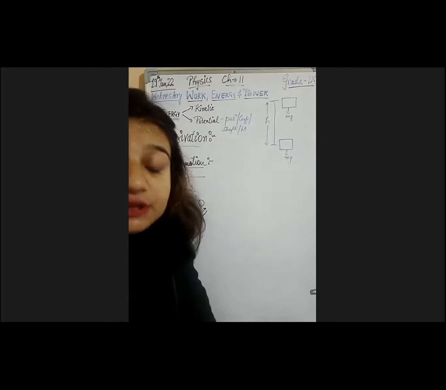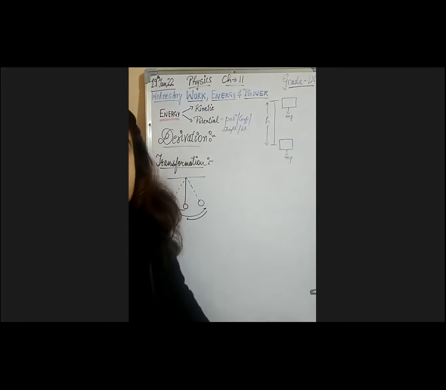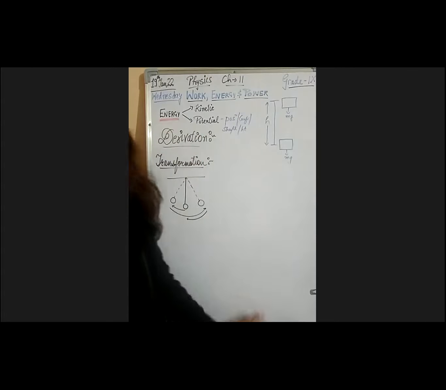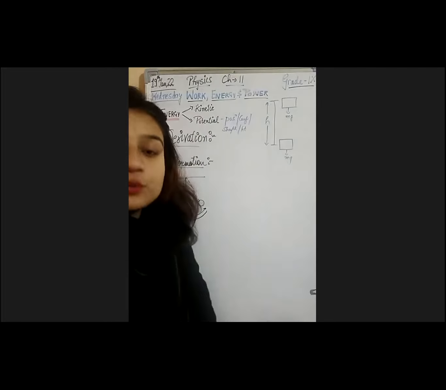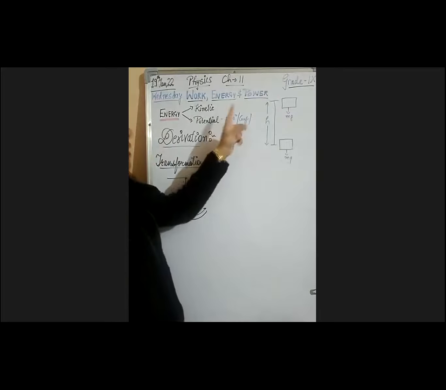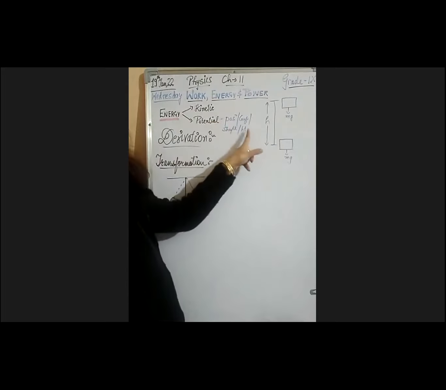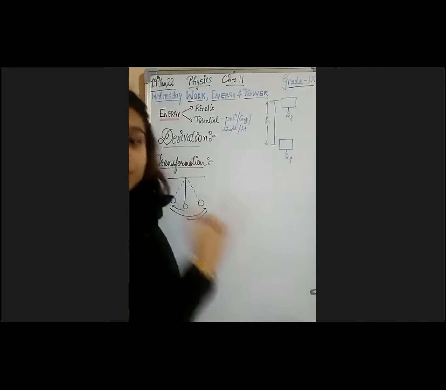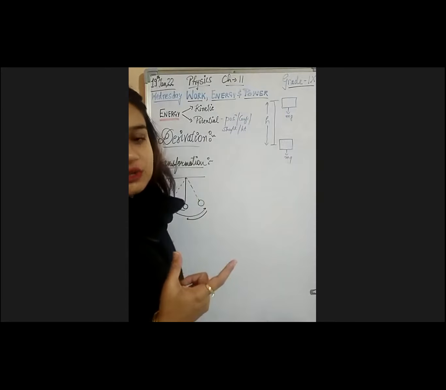That position is basically related to the energy that will be called potential energy. So potential energy is the energy that is possessed by virtue of position, configuration, shape, and height of the object. In the virtual session today I will show the difference between kinetic and potential energy.